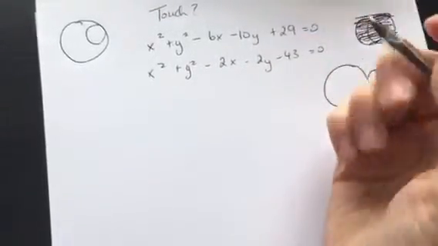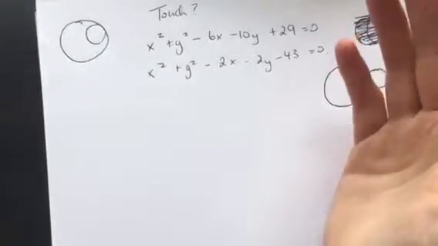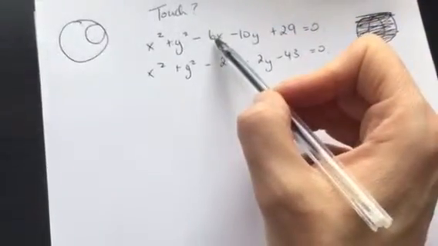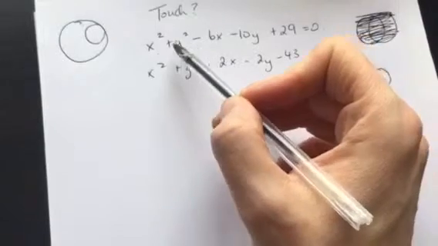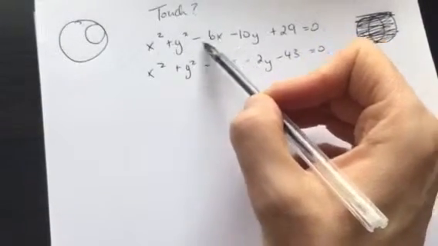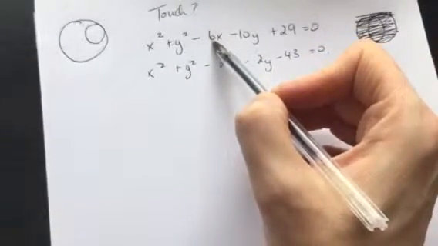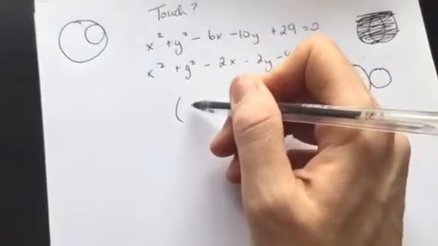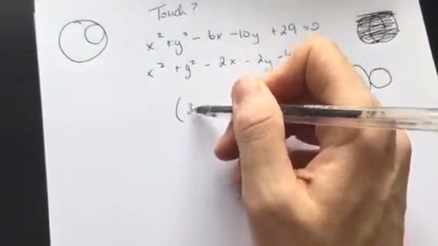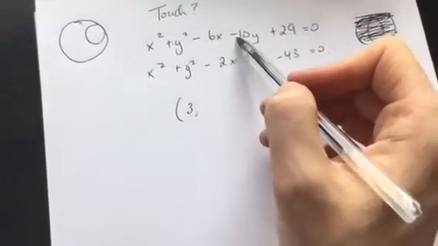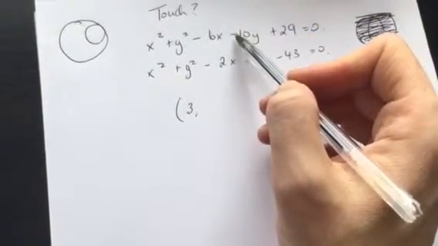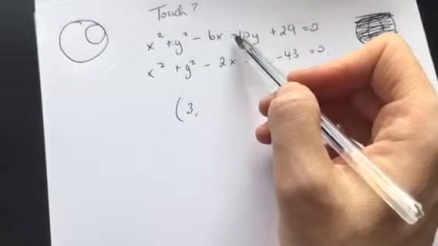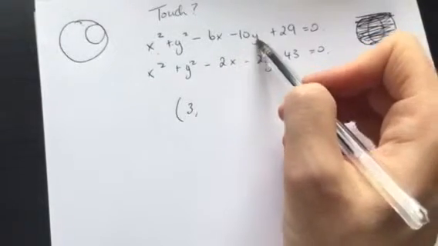Now, if at any stage you want to pause the video and practice this yourself, do. But I'm going to be able to figure out that x squared plus y squared plus 2g of x, well, 2g is minus 6, which means g is minus 3, which means the centre of my circle, which is minus g, minus f, is going to be 3 something. And here we have 2 times f times y.